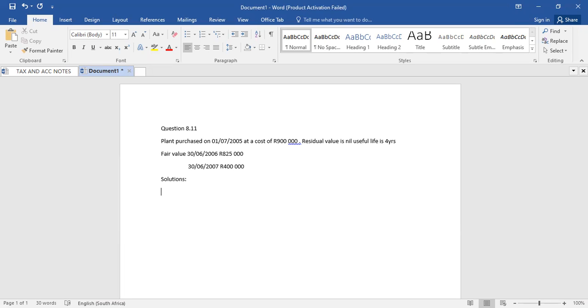Let's do the journal entries. We purchase the asset on 1 July 20x5, at the start of the year. Remember, when we purchase an asset we debit the asset and credit the bank, because we have paid. So plant is an asset and bank.